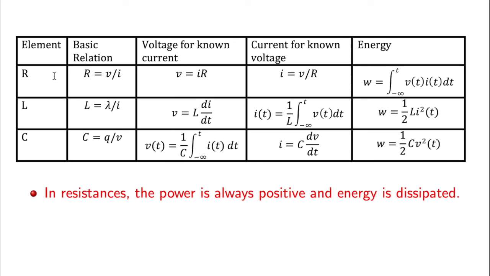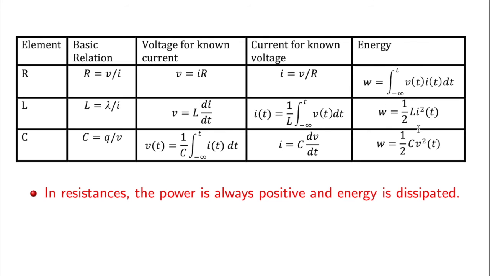The same relation for resistance, R is equal to V upon I, inductance is flux linkage upon current, capacitance C is equal to Q upon V. These equations can be used to find the voltage when the current value is known. So V is equal to L di upon dt, and the integral form 1 upon C integral of I dt for the capacitor. If the voltages are known, we can calculate the current likewise.